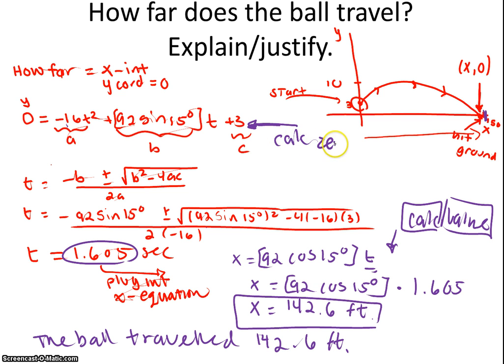When we do calc 0, it's looking for the x-intercepts of it. Remember this is our t, because this is our variable t and our y, it would find the time that it took for y to be 0. So if you do this in function mode, you'd get out 1.605.